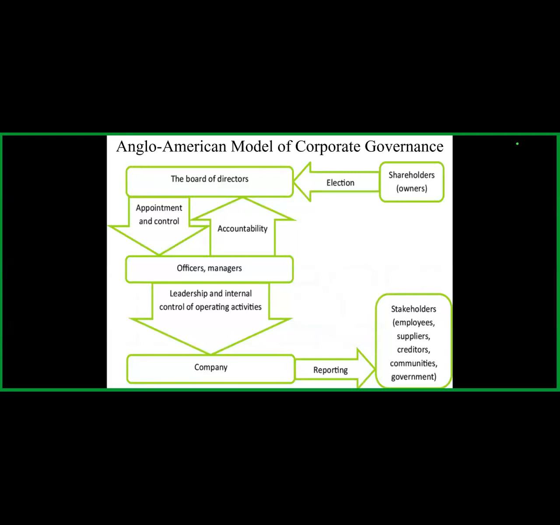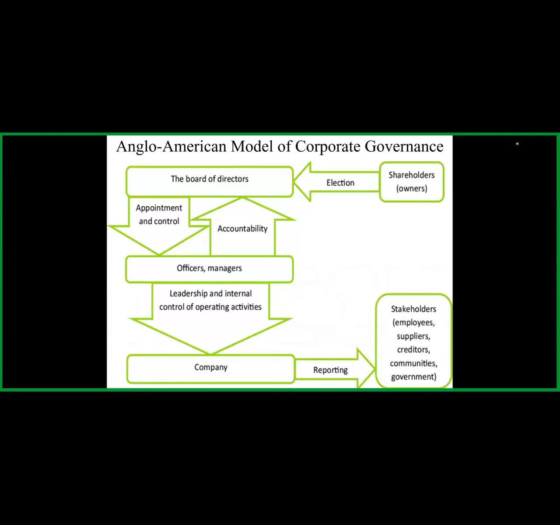Reporting to suppliers means that when supplies are made by the supplier, whatever is due to the supplier is to be cleared within a stipulated period of time. That is the responsibility towards the supplier. Now, what is the responsible reporting to the communities or customers?